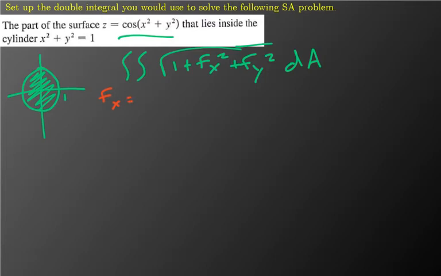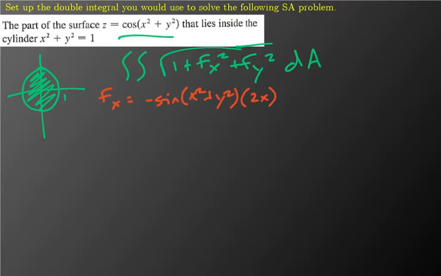My derivative with respect to x would be negative sine of x squared plus y squared, times 2x. If you convert to polar, the x squared plus y squared part is nice because that'll just be an r squared.